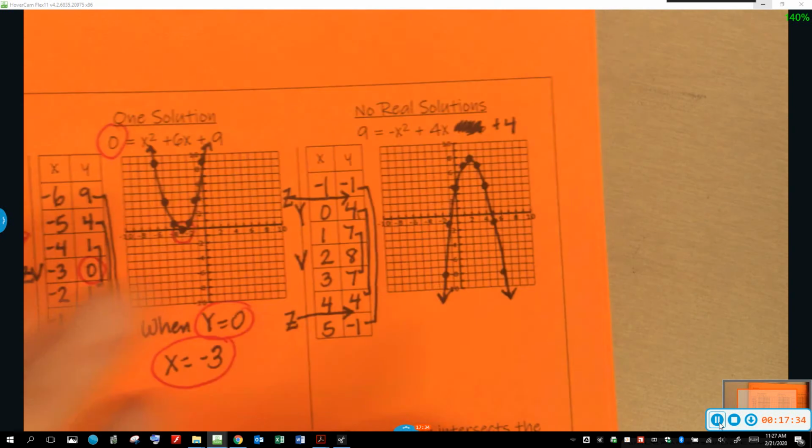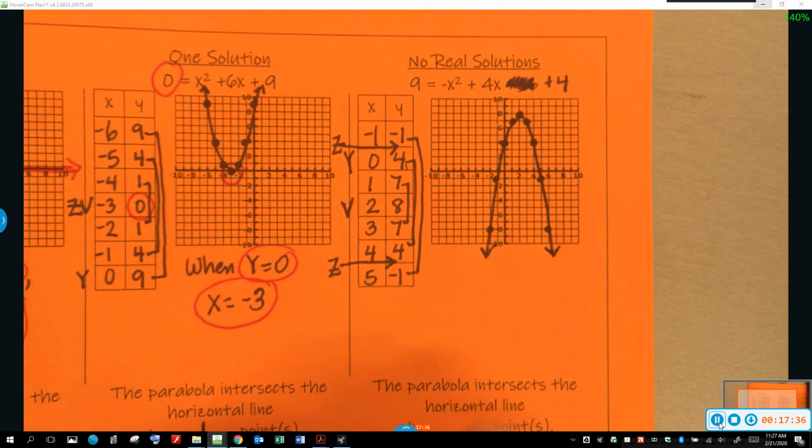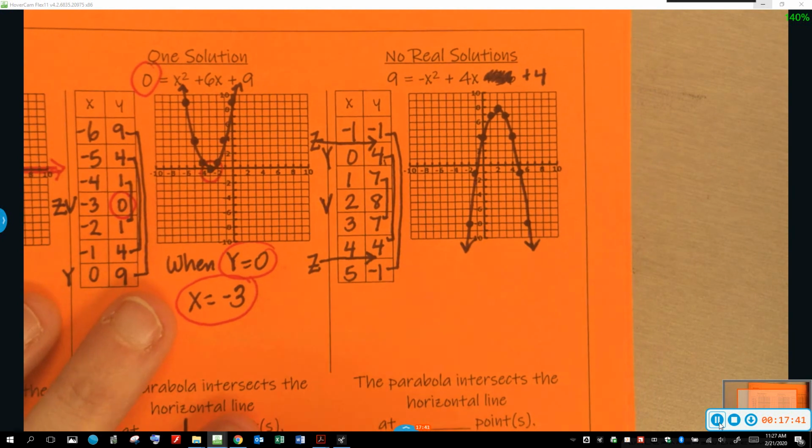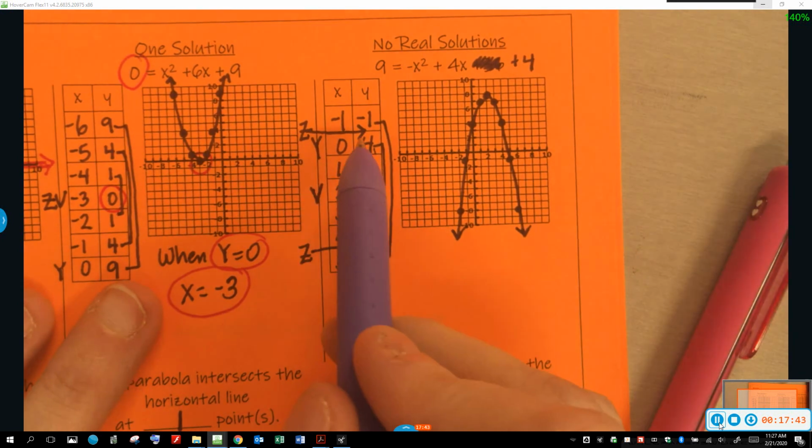Not my best parabola, not my worst parabola. It's okay.